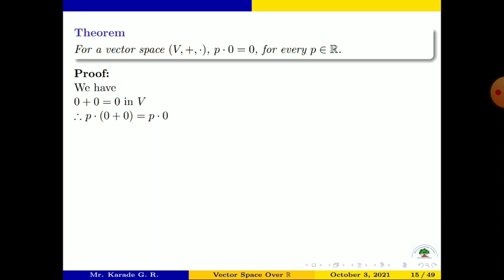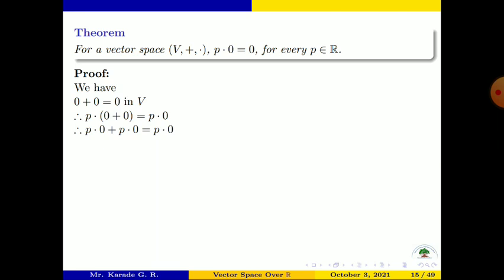So to this first statement we pre-multiply by vector P and see what we get. By using the distributive law, we have P into 0 plus P into 0 is equal to P into 0.